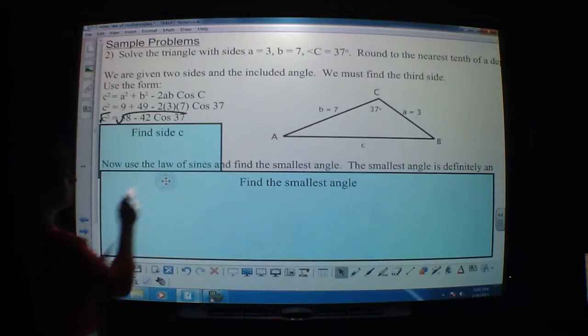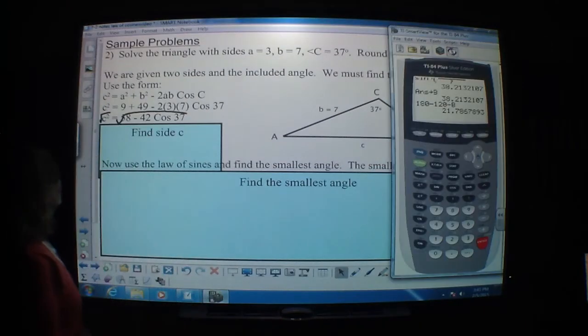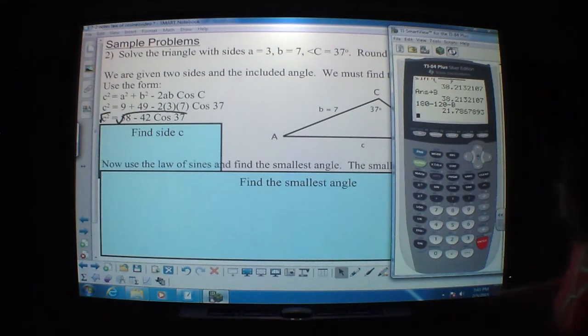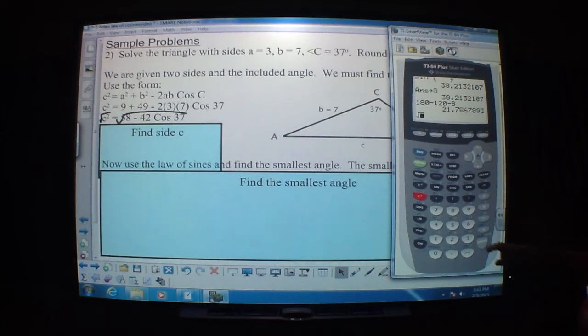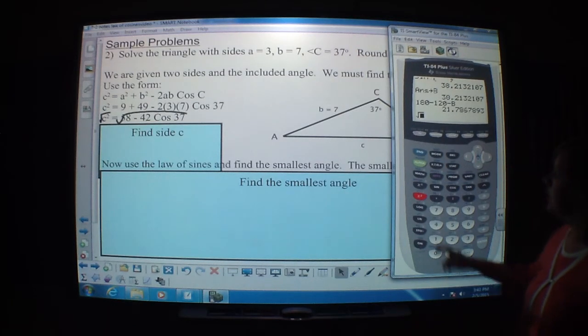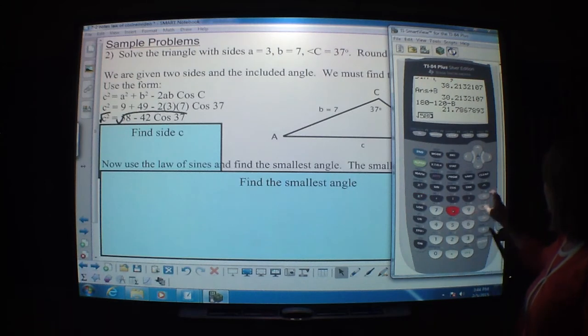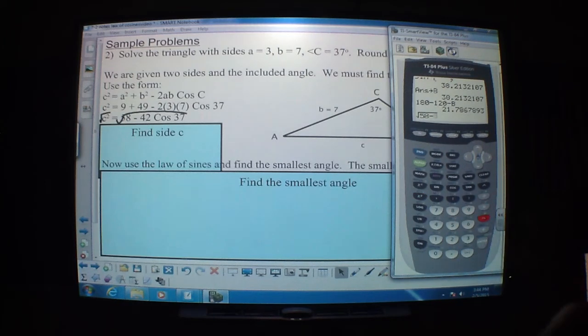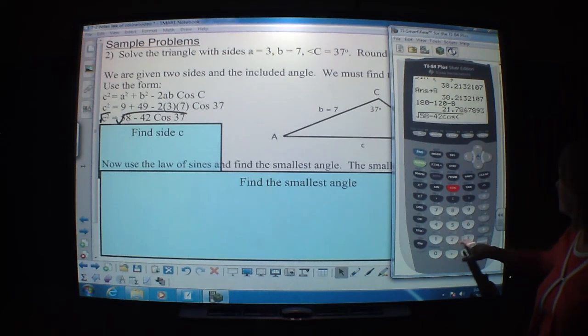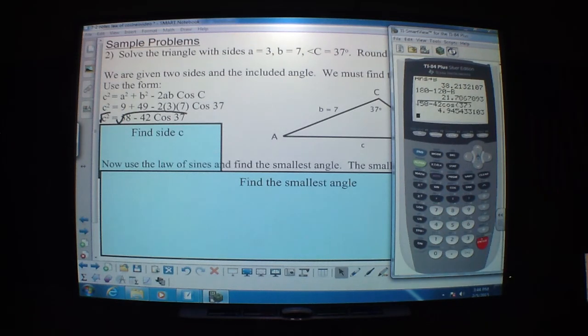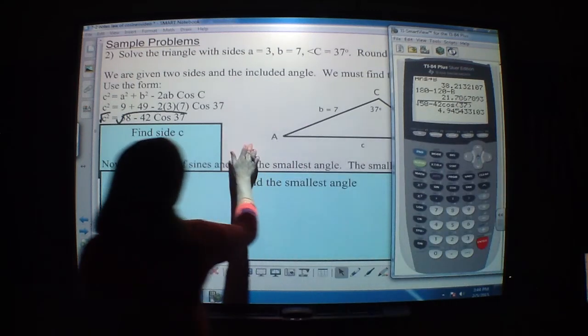So pick up your calculator. I am going to do the square root of 58 minus 42 cosine of 37. You could actually put it all in, the whole formula, if you'd like. I'm not going to because I already did the math, and I know it's right.